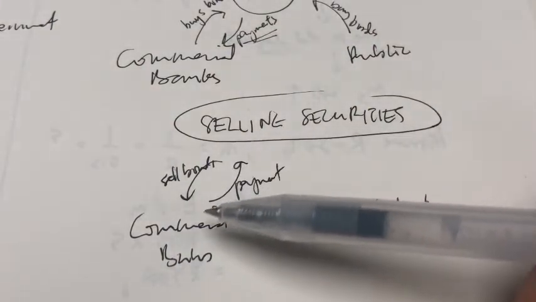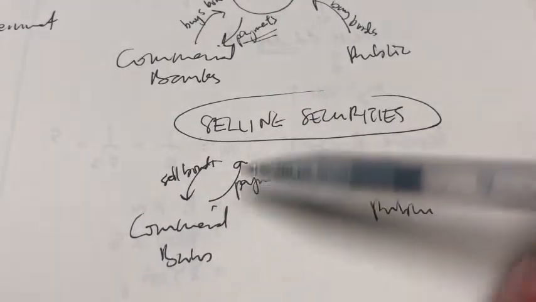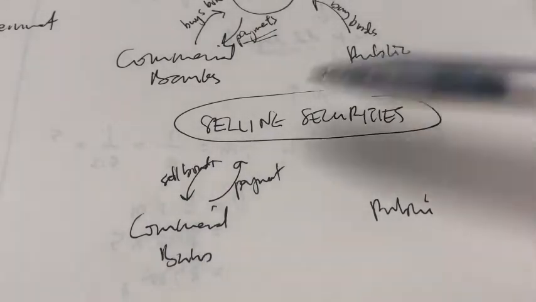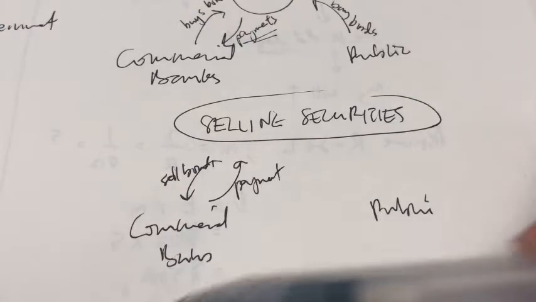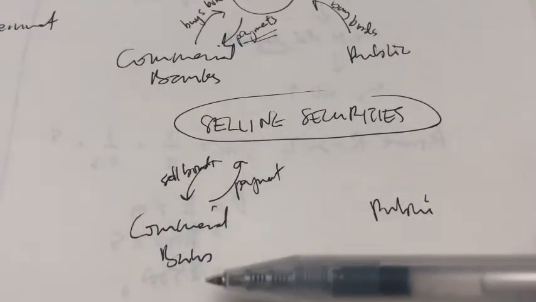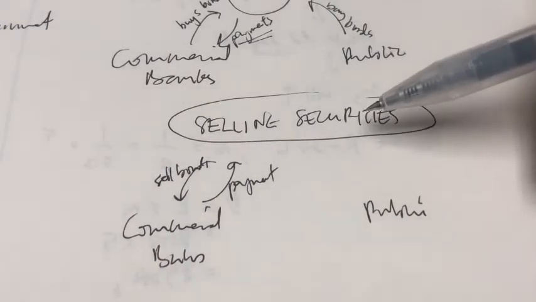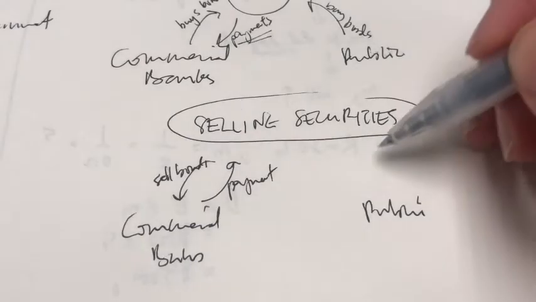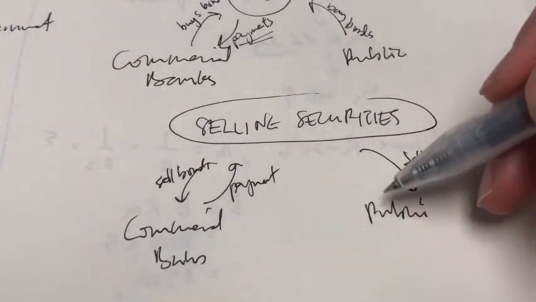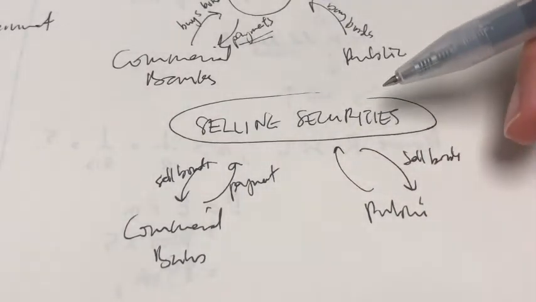When the commercial banks pay the central bank for the bonds that they bought, this payment will be made against the commercial bank's reserves. Thus, the reserves will fall. Whenever the amount of reserves falls, money supply will also fall. Likewise, when the central bank sells bonds to the public, the public will have to make payment to the central bank.